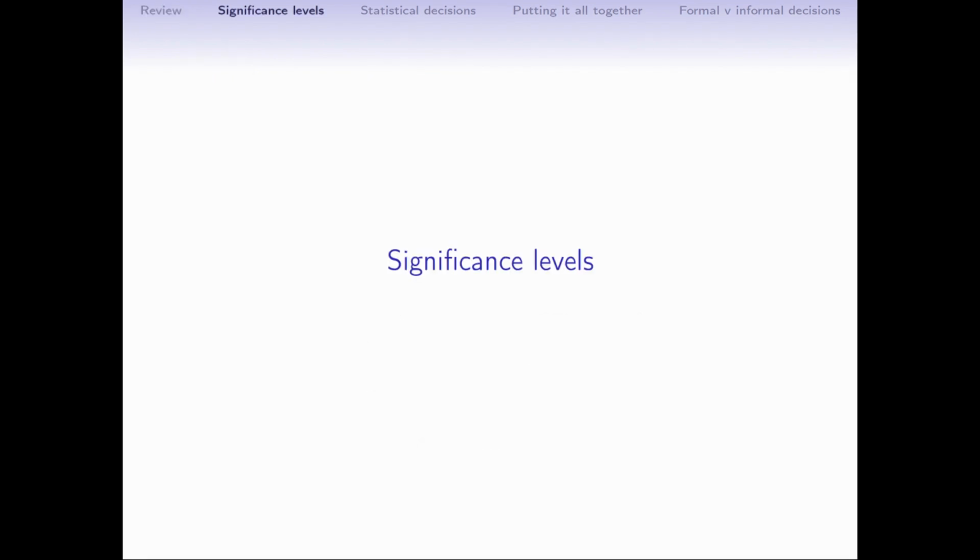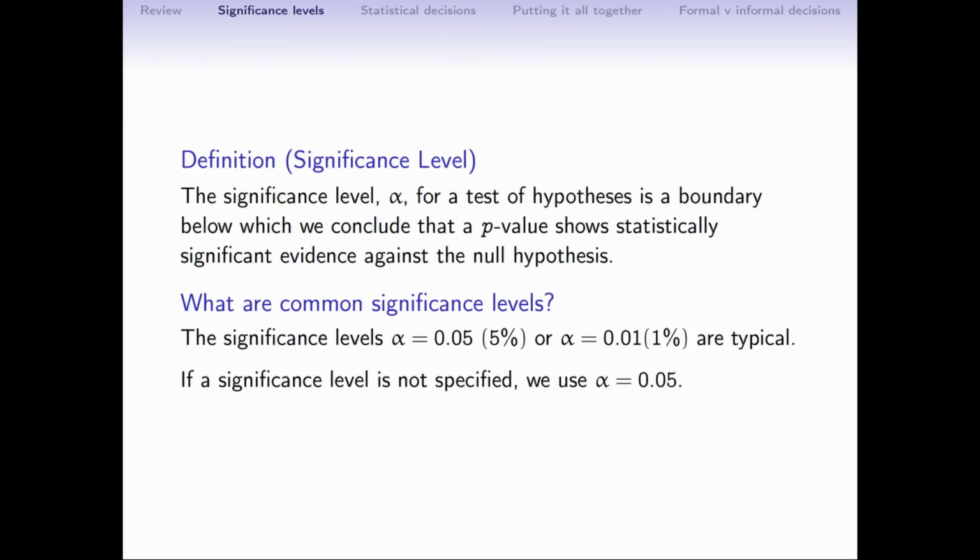Well, this brings us to the topic of significance levels. The significance level, alpha, for a test of hypotheses is a boundary below which we conclude that a p-value shows statistically significant evidence against the null hypothesis and therefore in support of the alternative hypothesis.